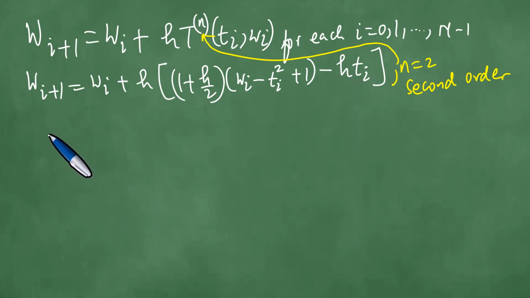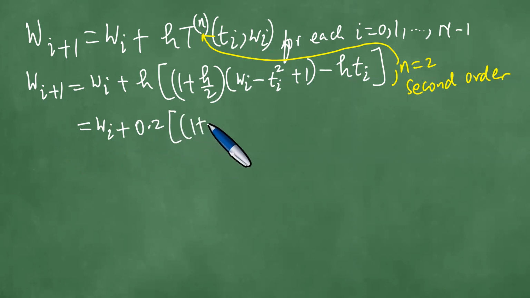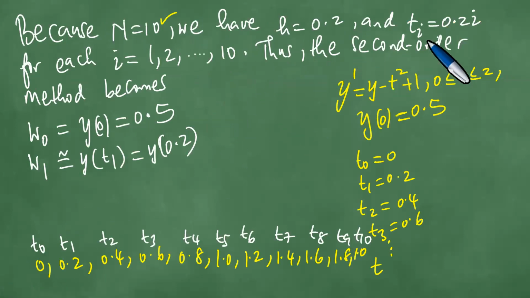All right, let's see what we achieve. We're going to get Wi plus 0.2, which is 1 plus 0.2, and then is Wi. Obviously the Ti, we've already seen that it is 0.2. 0.2i, and then we're going to square it.